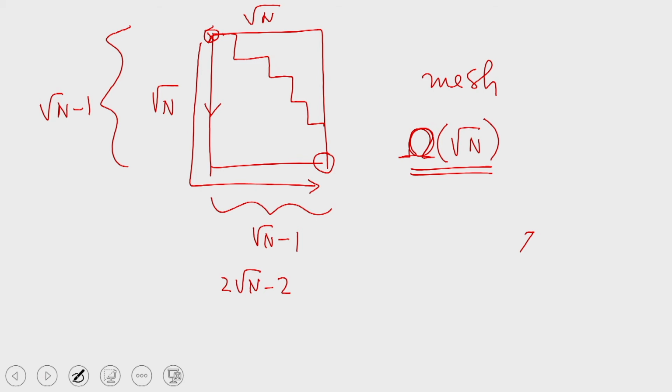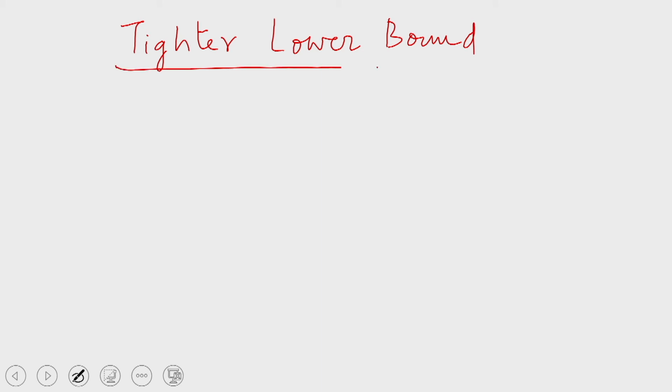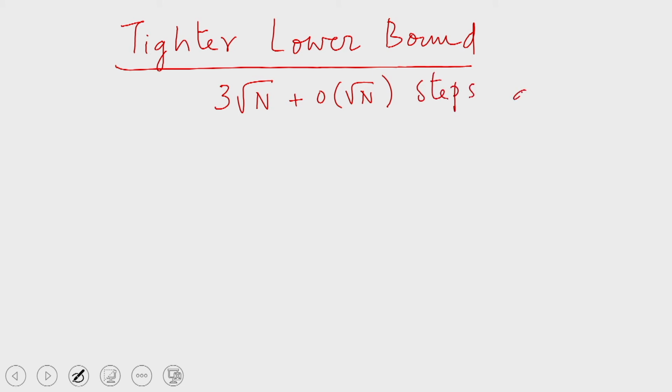But let us try to get a tighter lower bound. What we are going to show is that we require at least 3 root n plus smaller order steps. We cannot do better than this, is what we want to show.